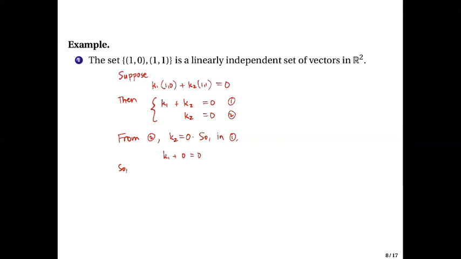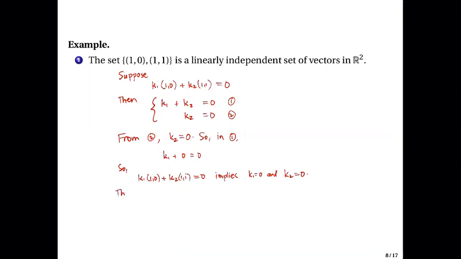So let's just write it. k1 (1, 0) plus k2 (1, 1) equals 0 implies k1 equals 0 and k2 equals 0. And this means this set is linearly independent.